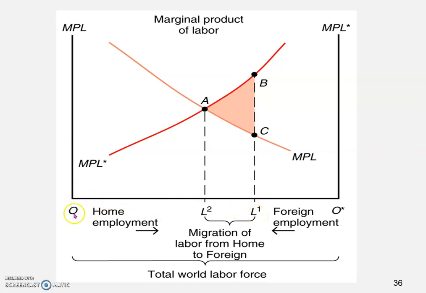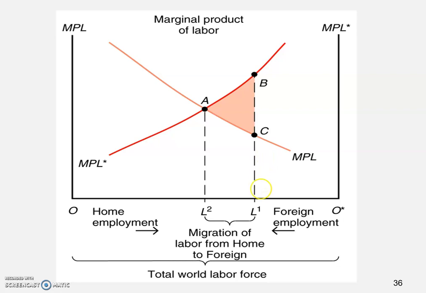In other words, at the beginning, home has the labor which goes from O to L1, and the amount of labor in foreign is O star to L1.